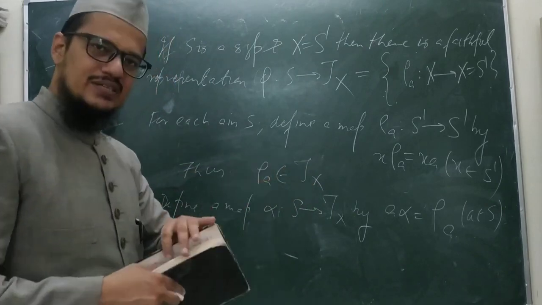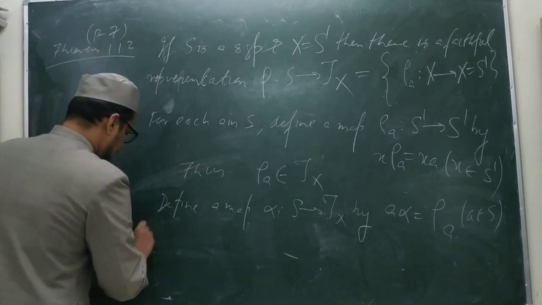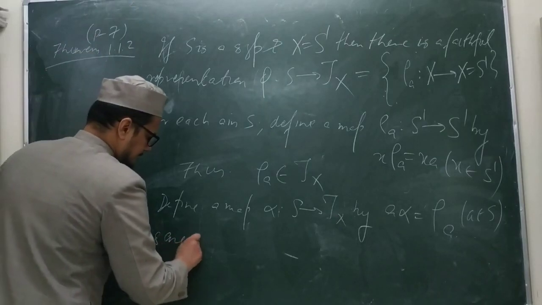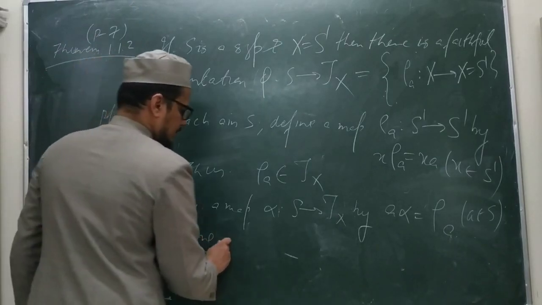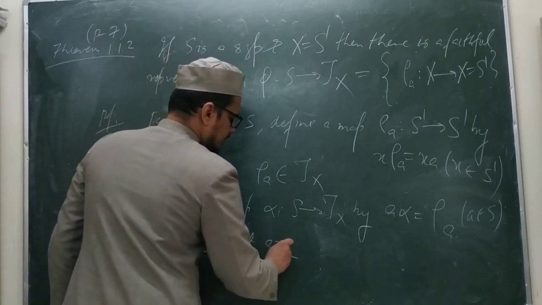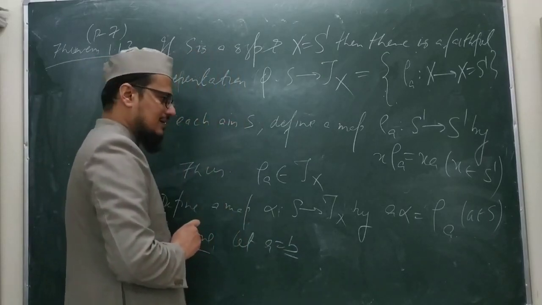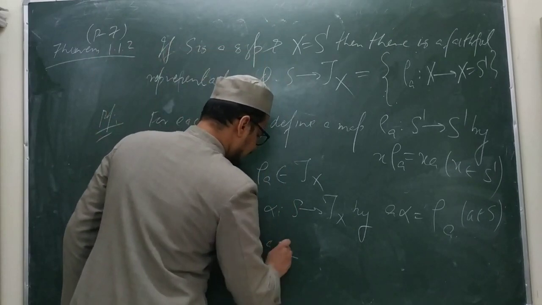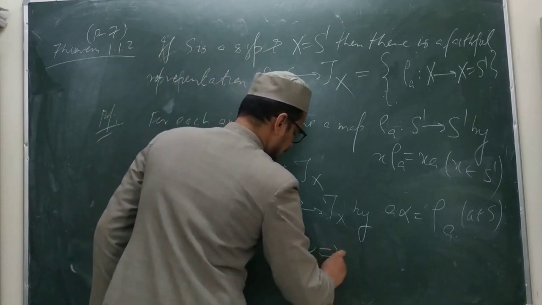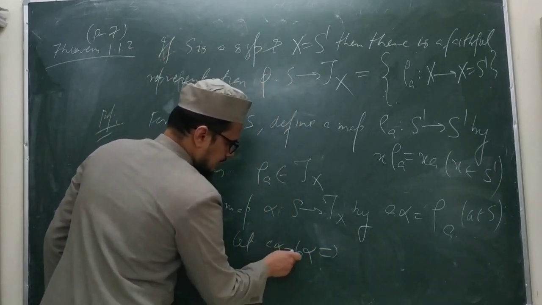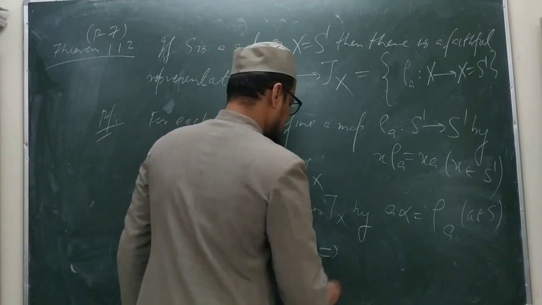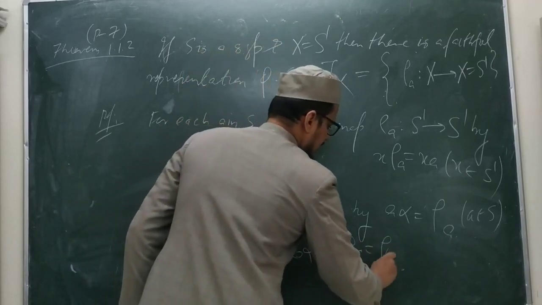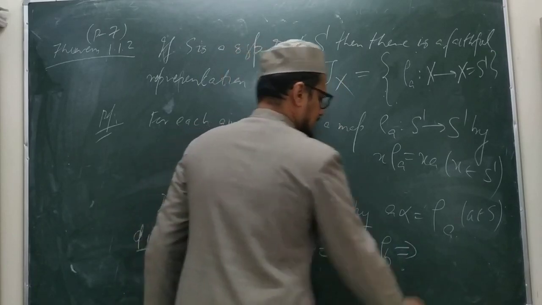Now, let's see first that it is 1-1. So, let Aα be equal to Bα. It implies ρ_A is equal to ρ_B.